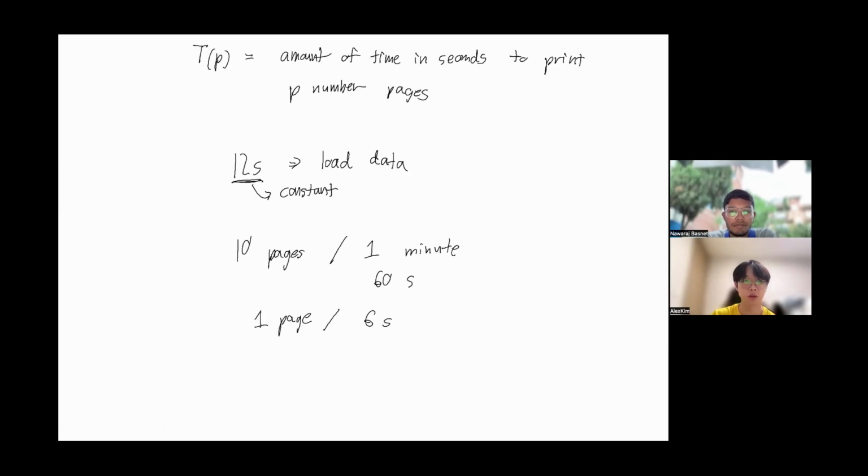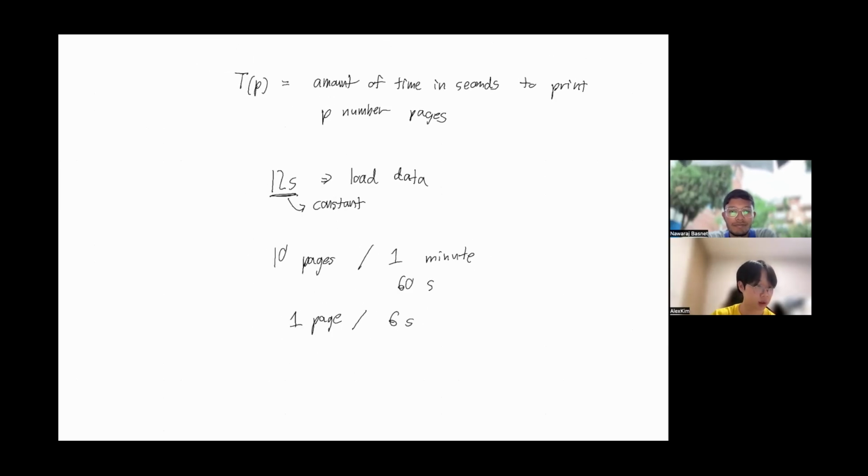And the question asks us to write an equation for printing P number of pages, so P will be the variable. In order to print P pages, because each page takes 6 seconds, it will be 6 times the number of pages.